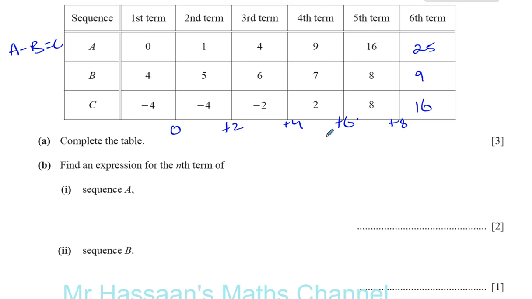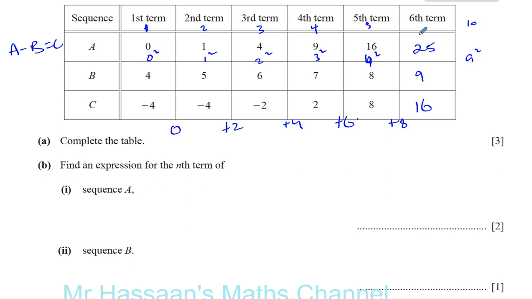Okay, so then it says find an expression for the nth term of sequence A. All right, sequence A, you can see 0 is the first term. The first term is 0 squared. The second term is 1 squared. The third term is 2 squared. The fourth term is 3 squared. The fifth term is 4 squared. If I say the 10th term, it's going to be 9 squared.